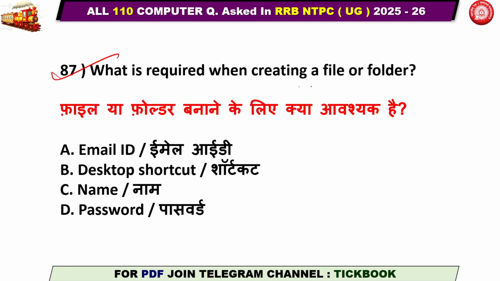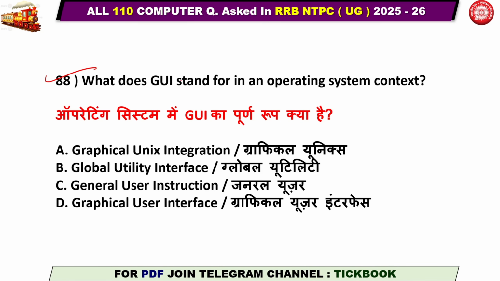What is required when creating a file or folder? Option number C, name. 88. What does GUI stand for in an operating system context? Option number D, graphical user interface.